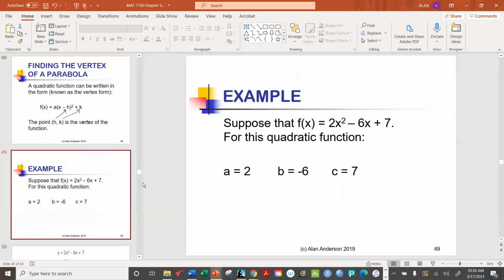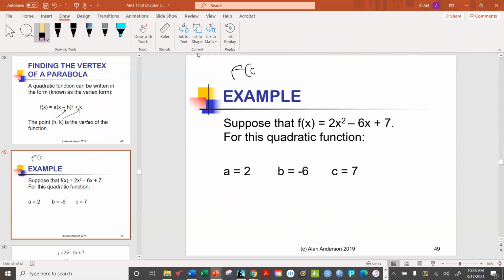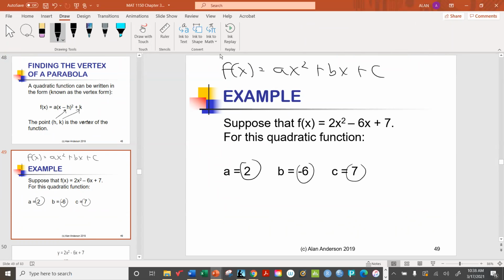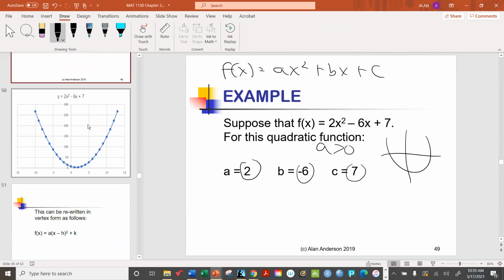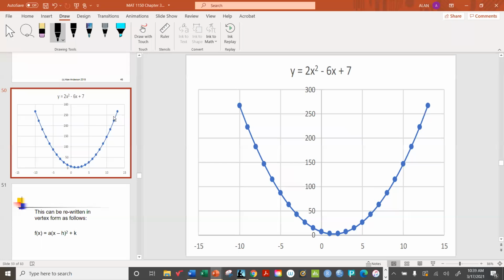We start with the function, and as always with a quadratic, the function is written traditionally as f of x equals ax squared plus bx plus c. Therefore, in this case, a is 2, b is negative 6, c is 7. Because a is positive, we'll have an upward facing parabola. Now, it looks something like this. I remember I was annoyed with this one because in Excel it's very hard to see where the vertex is.